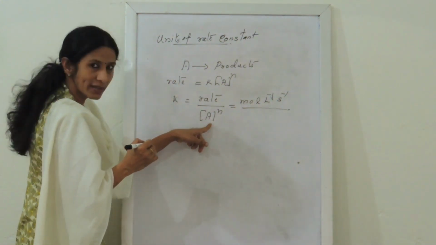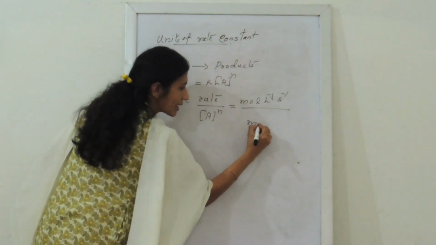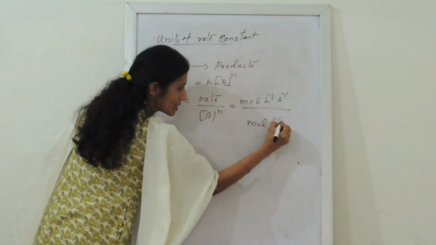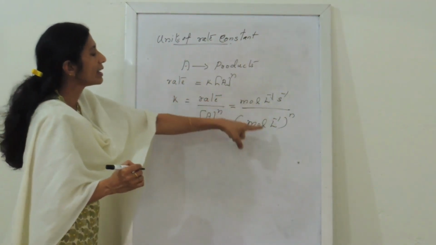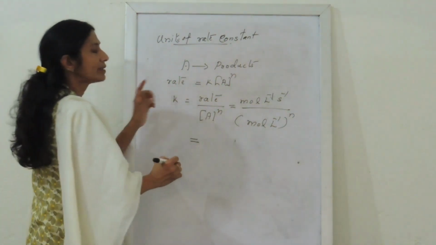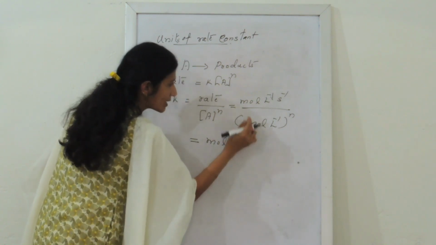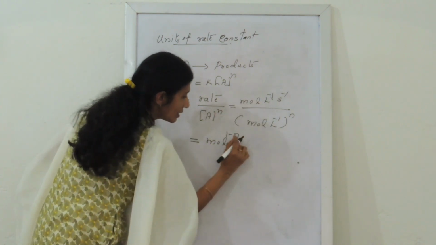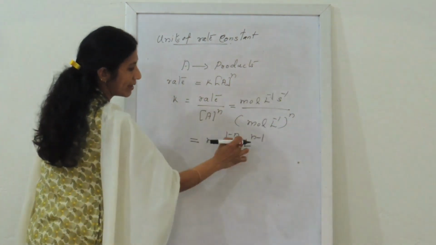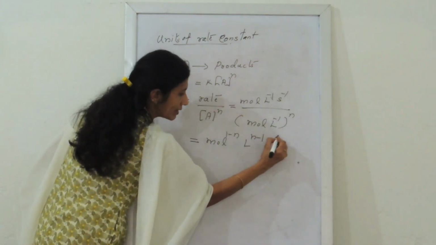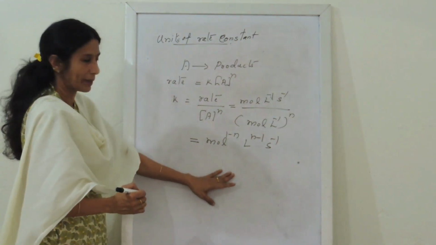Then concentration unit moles per liter, mole per liter to the power n. ഇനി എങ്ങനെ വരും? Mole raised to 1 minus n, liter raised to n minus 1. അല്ലേ? n minus 1 then second raised to minus 1.